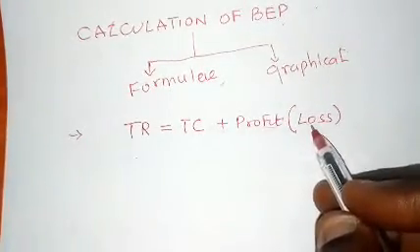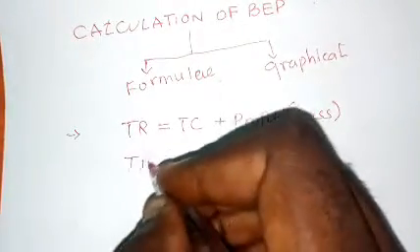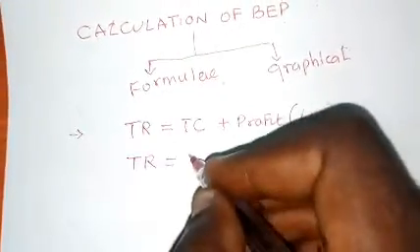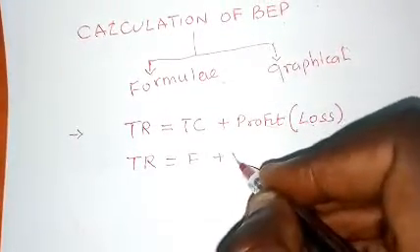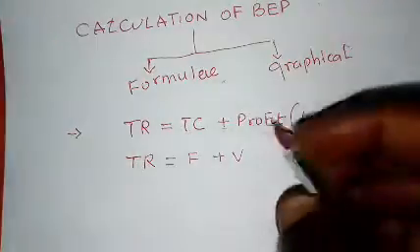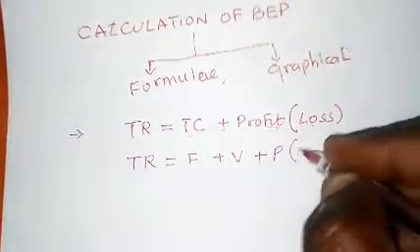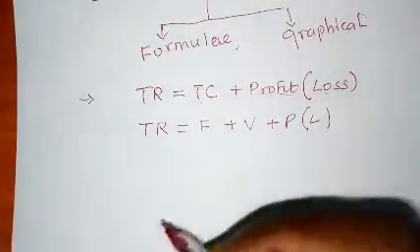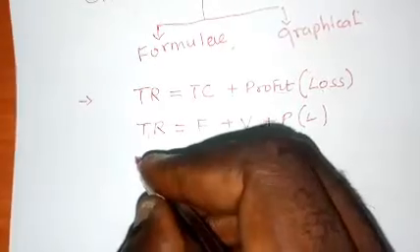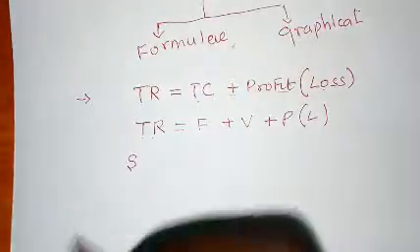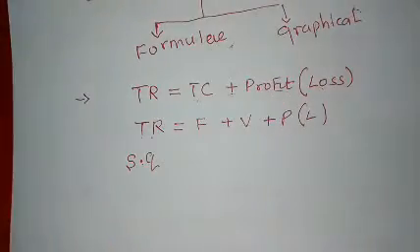We can stress this further and say total revenue equals fixed costs plus total variable costs, I will use V, plus profits or loss. We can also say that total revenue is a function of sales price per unit and the quantity sold.